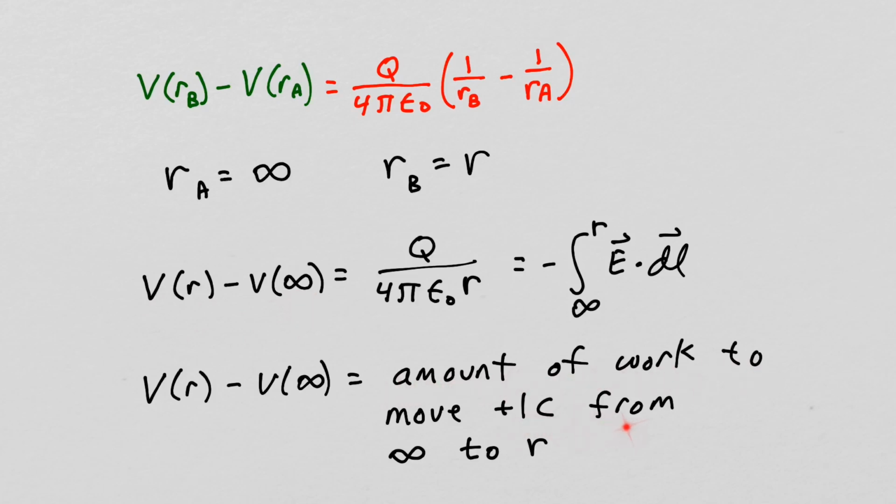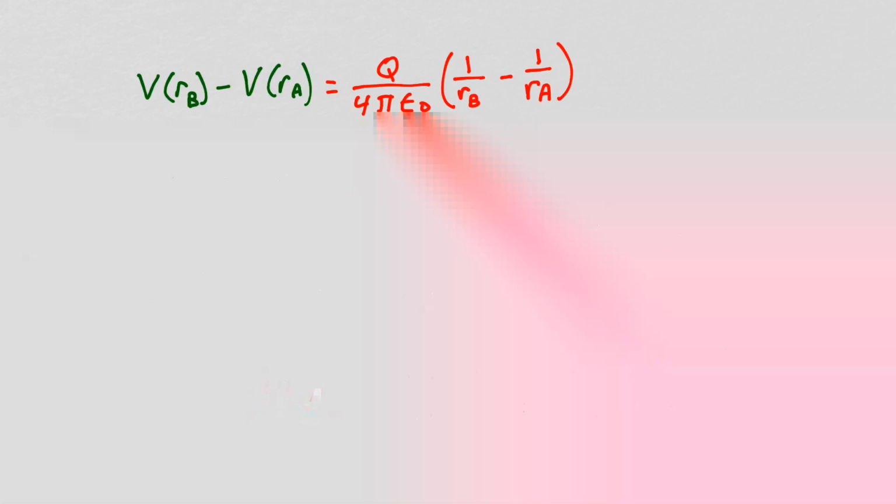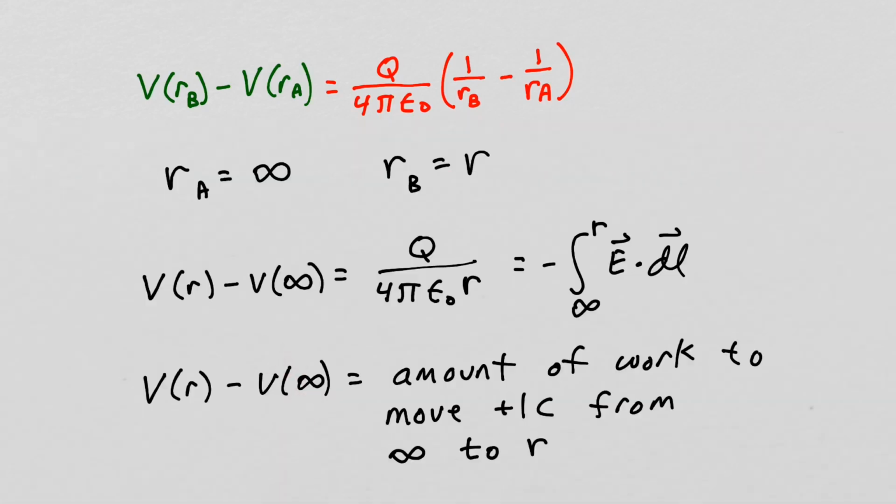It's important to hold on to this mental model. We'll see that what it means is that you can only measure potential differences between points. You can't measure a potential at a point. This is quickly lost because often, such as in your textbook, V at infinity is defined as being 0, and so you lose sight of the fact that this term represents the potential difference between your point R and infinity.